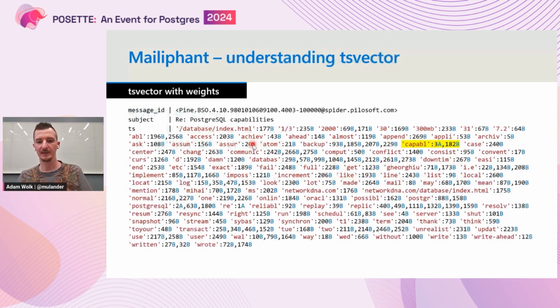Now, when you do that, all the emails will be parsed, and we will have this TS column that looks something like what you see on the screen right now. And now if the email talks about PostgreSQL capabilities, and in the body it has capability, both occurrences of this word would be brought down to the common form capabl, with the location of each occurrence being noted next to the word and the weight that we assigned being also there.